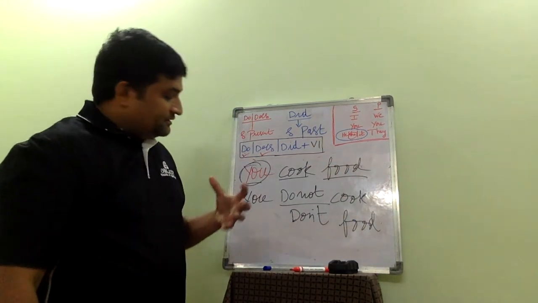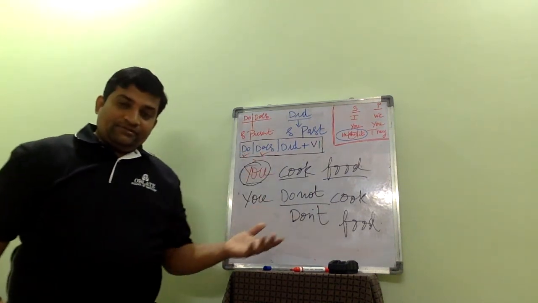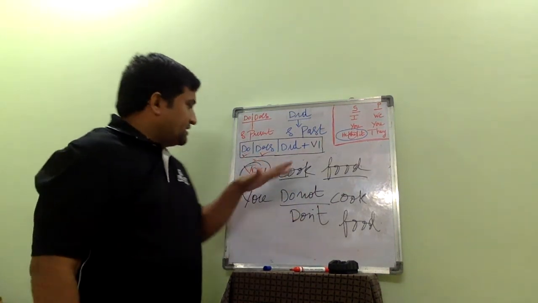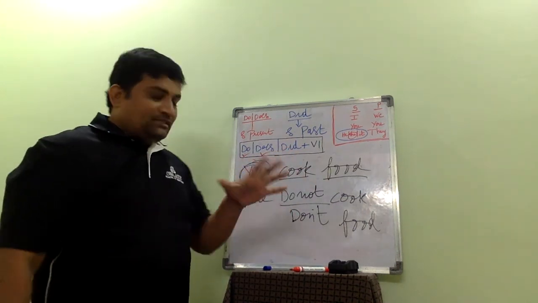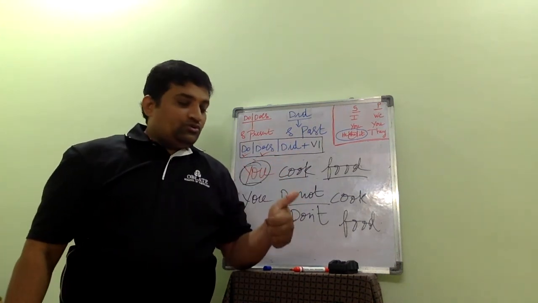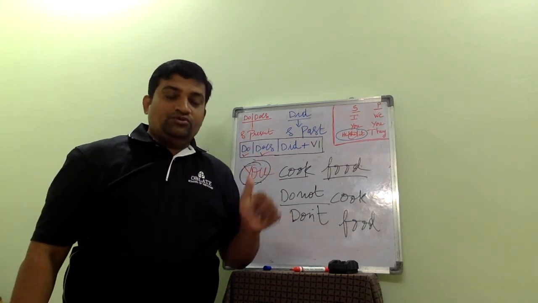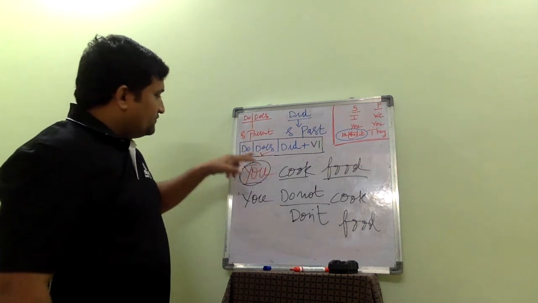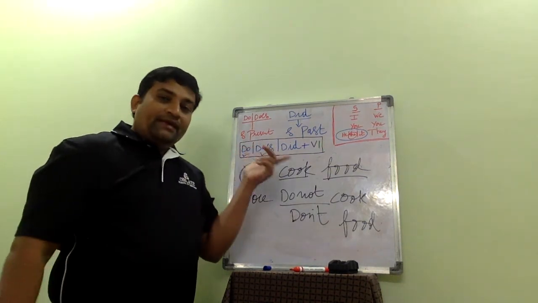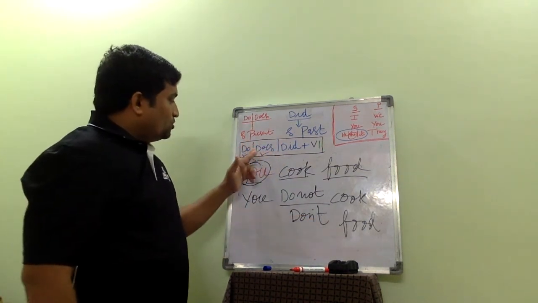So this is how we change positive sentences into negative sentences. The simple formula is we use only do or does in simple present tense. To make questions we use do or does, and to make negative sentences we use do or does.